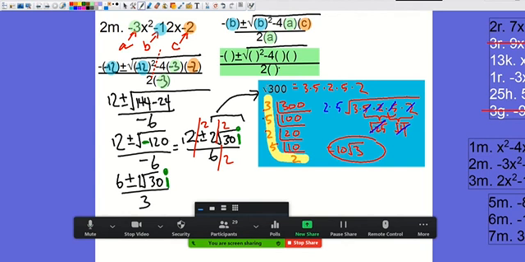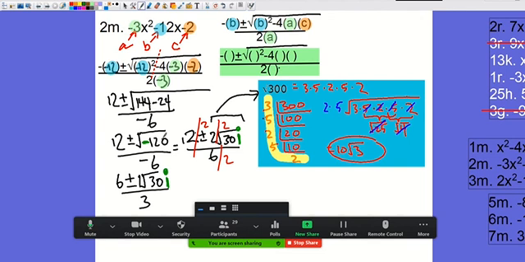5 times 5, for example, is positive 25. Negative 5 times negative 5 is positive 25. There's no such thing as a square root of a negative number. You can try the square root of negative 120 and you'll see it's an error. So we're going to use imaginary numbers in this case. Long story short, here's a shortcut.